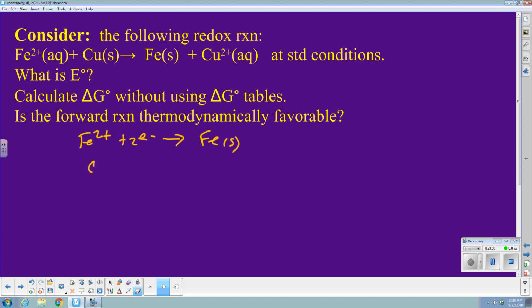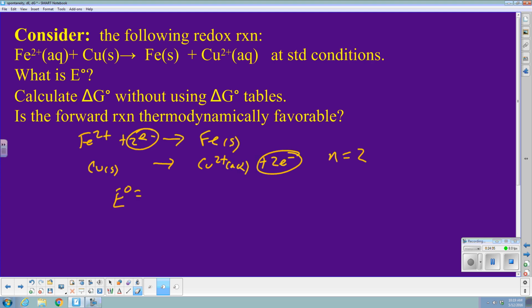And I have copper solid, and it's going to have to go to copper 2 plus. It must give up 2 electrons. So I have 2 electrons lost or gained here. So how many electrons are transferred? The answer is 2.